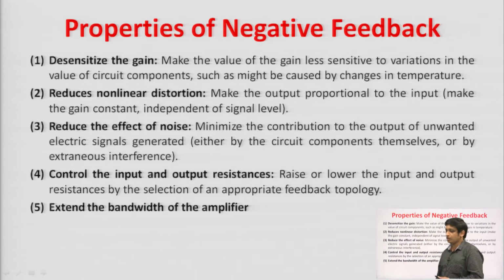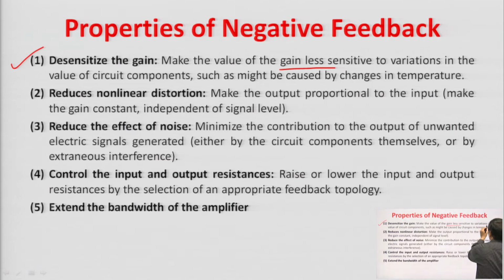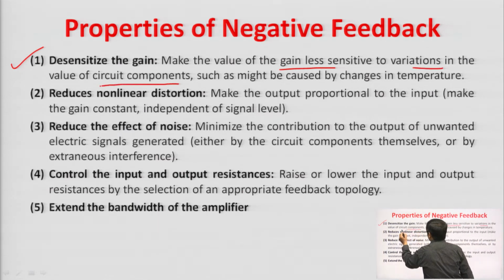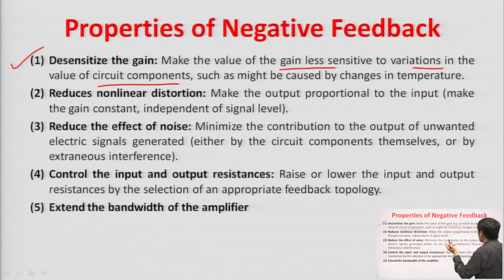So, coming to the properties of negative feedback, the first property is that it desensitizes the gain. Desensitize the gain means it makes the value of the gain less sensitive to the variation in the value of the circuit components that may be caused because of the change in temperature.